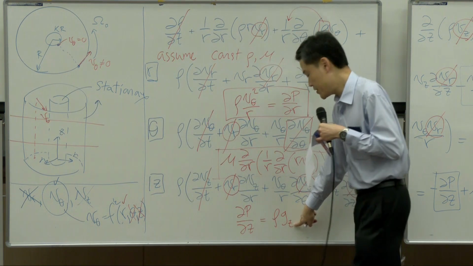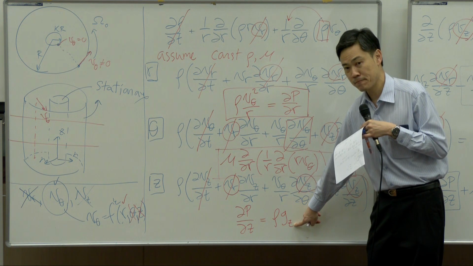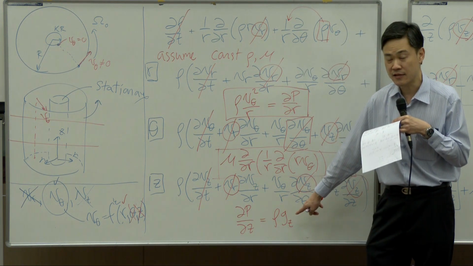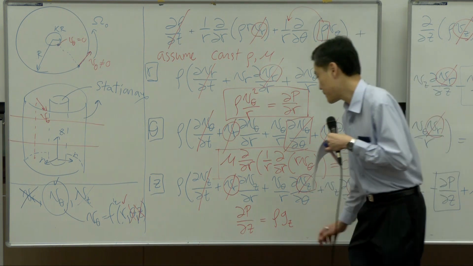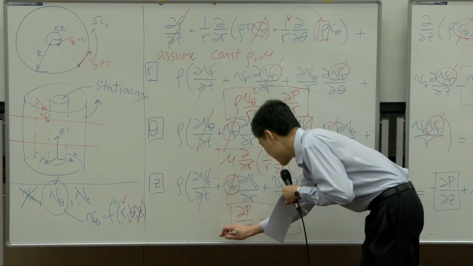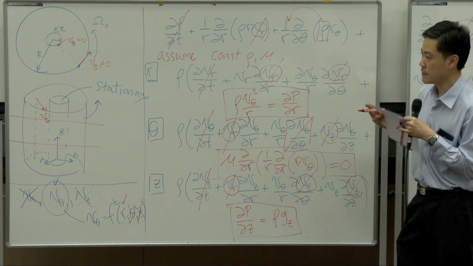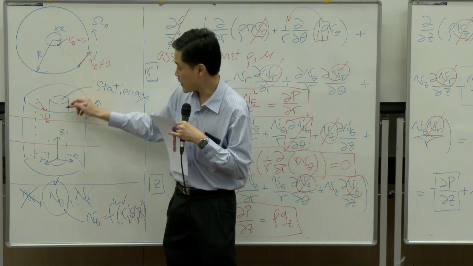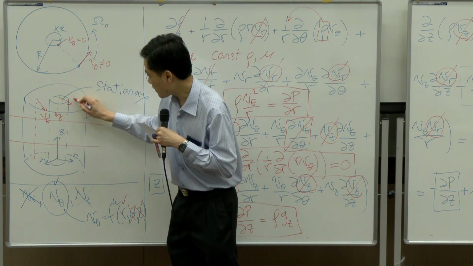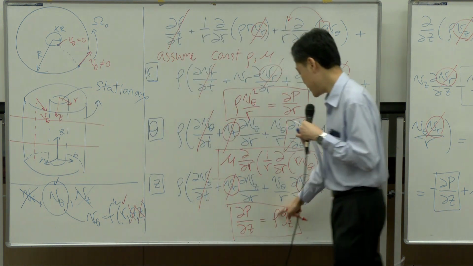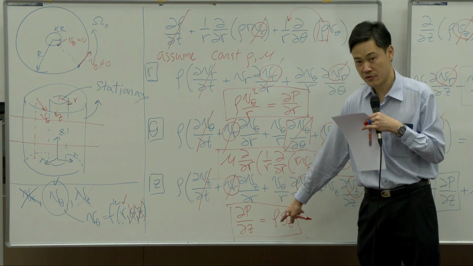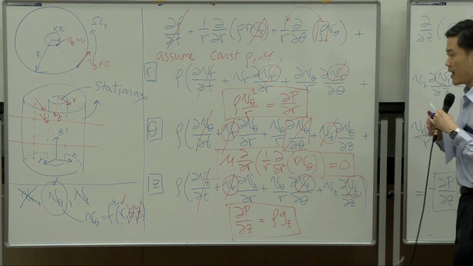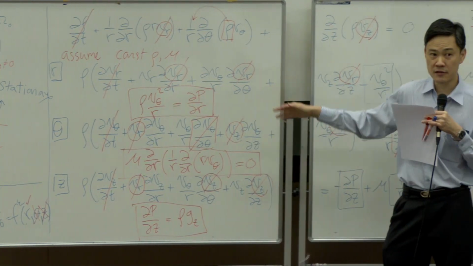But I keep gz in general, okay? I have not replaced this as gravity yet. Just keep it as gz. So this is Z equation. But if you assign z going down, if you assign like this, z, r, then the gz here becomes g. Okay? Any question regarding all these eliminations?